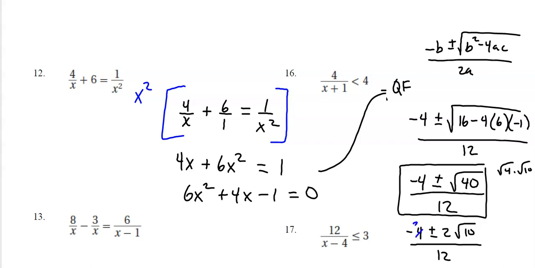So this would be negative 2, this would be 1, this would be 6. So I think the best simplified answer would be negative 2 plus or minus the square root of 10 all over 6. Notice I couldn't do the 2 with the 10 because that's protected inside that radical. So you can't really do that.